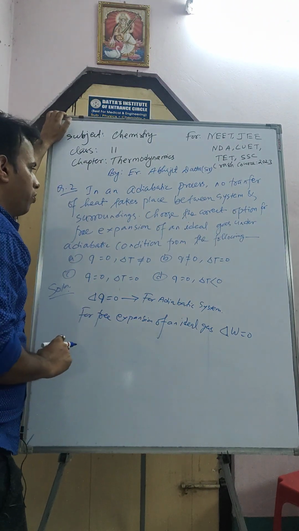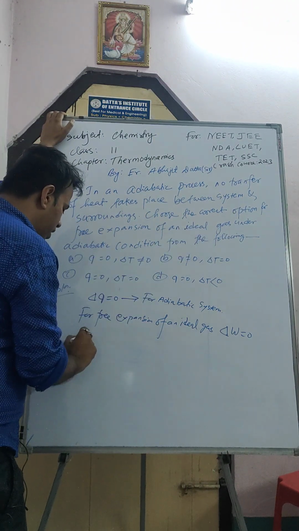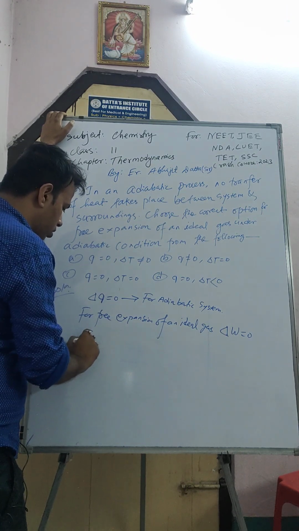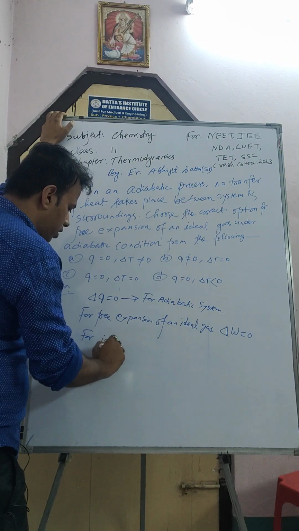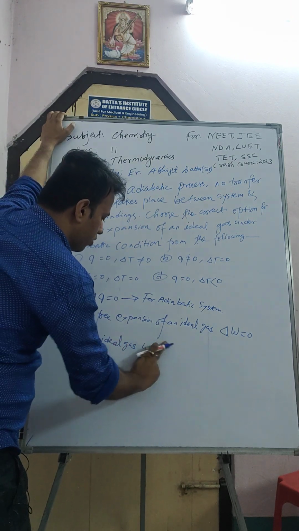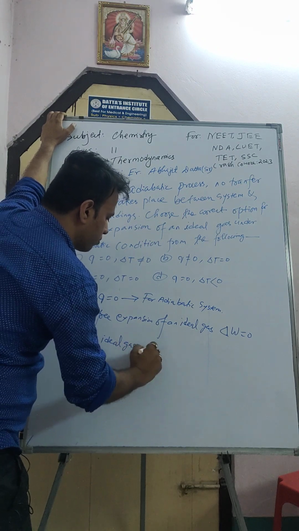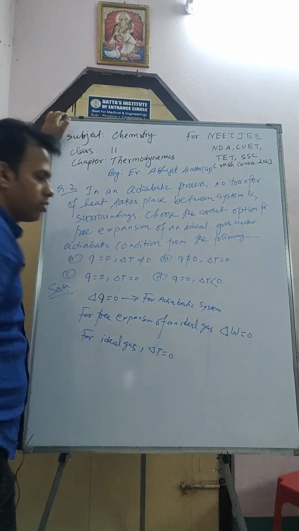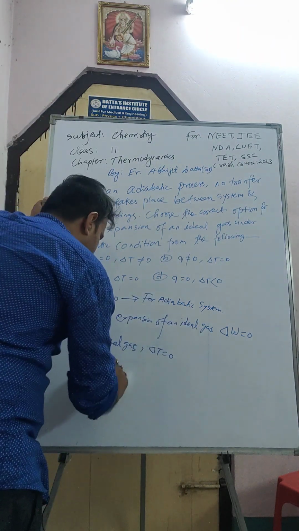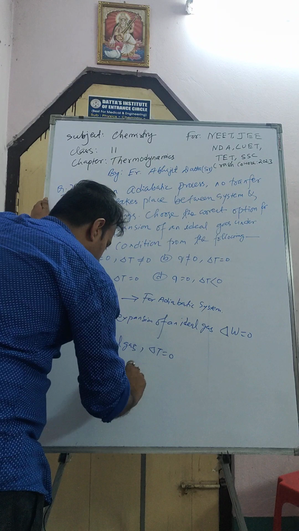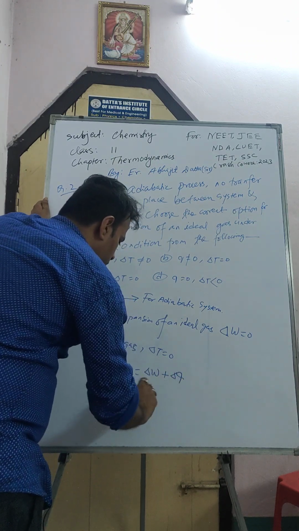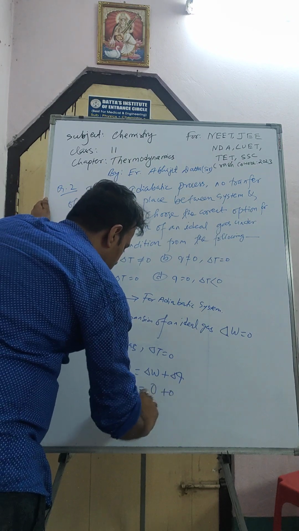Now for an ideal gas, del T is equal to 0. Okay. Why? Look here, from the first law of thermodynamics, we know that del U is equal to del W plus del Q. So this one is 0 and this one is 0. So this one is 0.